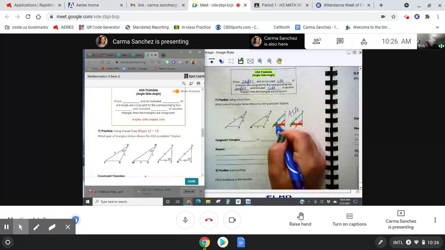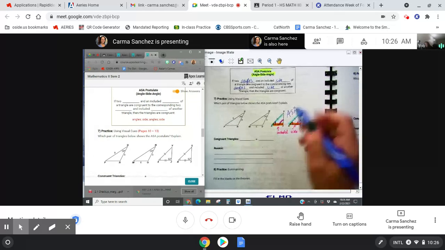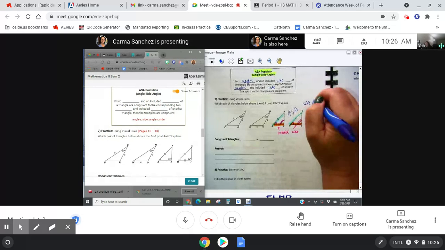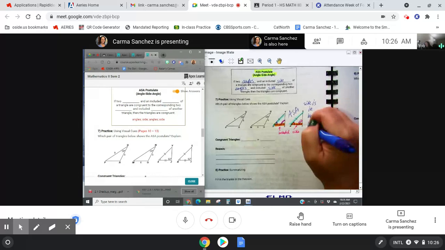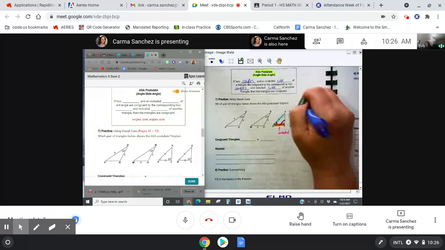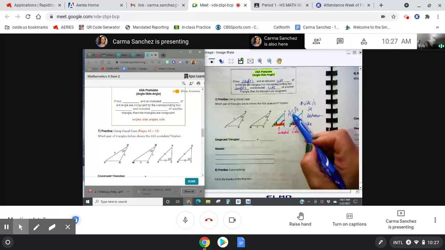Here's angle 1, here's the side, here's angle 2. Here's angle 1, here's the side, here's angle 2. Notice the side is in between the 2 angles, just like the S is in between the 2 A's.